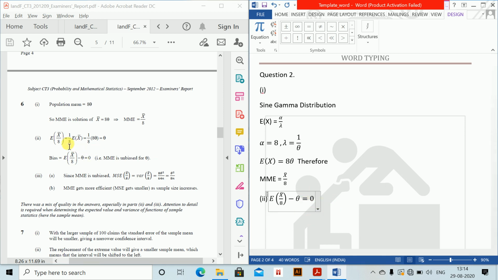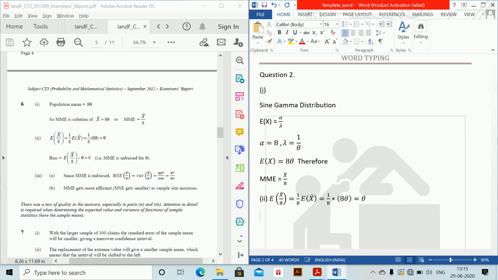So firstly expectation of x bar by 8. Okay, I missed out the first line, sorry. Expectation of x bar by 8 is equals to 1 by 8 into expectation of x bar, which is equals to 1 by 8 into 8 theta, which is equals to theta.